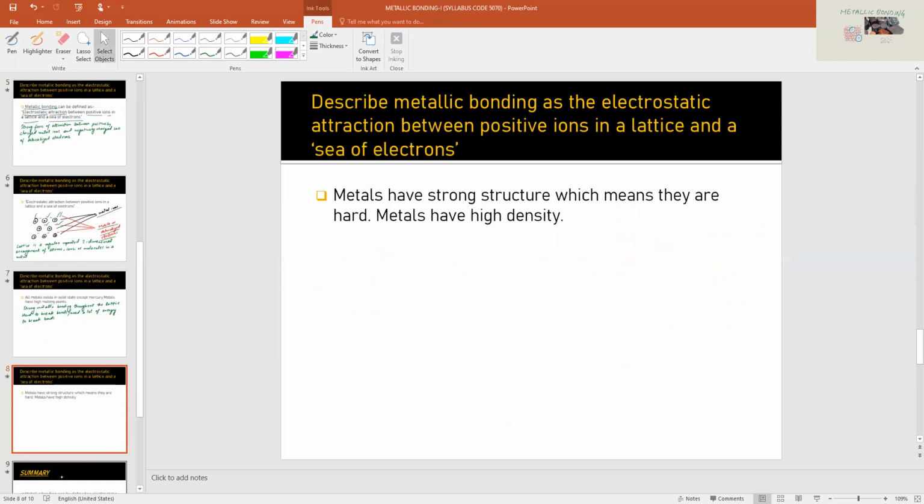Metals have strong structure, which means they are hard. Metals have high density. Again, this is due to strong metallic bonding throughout the lattice.